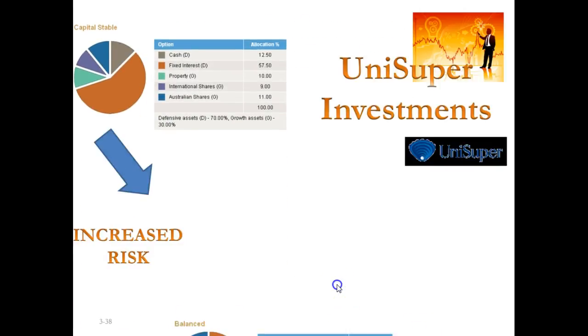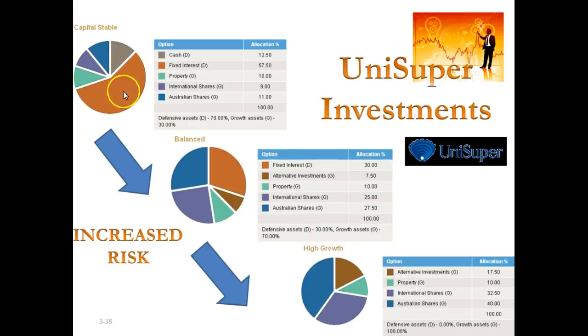As we move down, we're increasing the risk because we're increasing the asset allocation into risky assets, particularly equities. Capital stable has only 20% in equities, whereas high growth has 72.5% in equities. And we're also increasing expected returns.